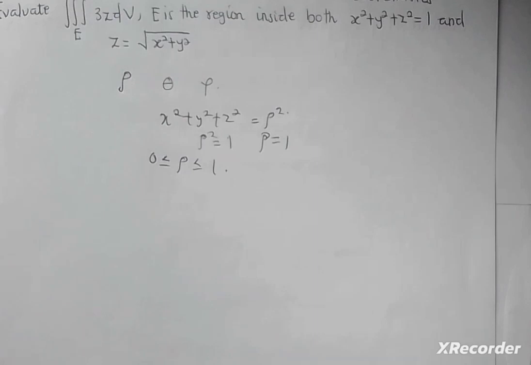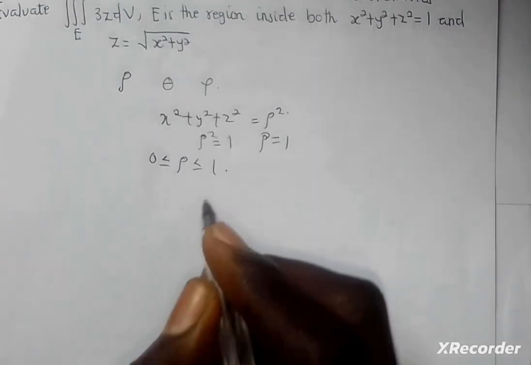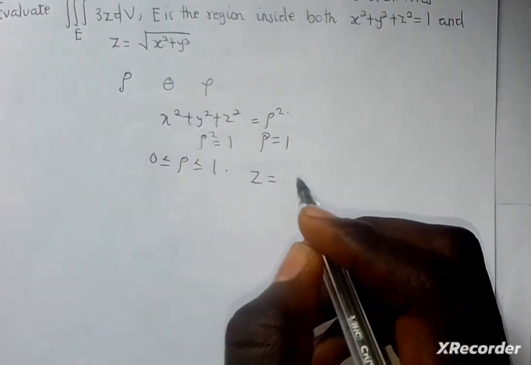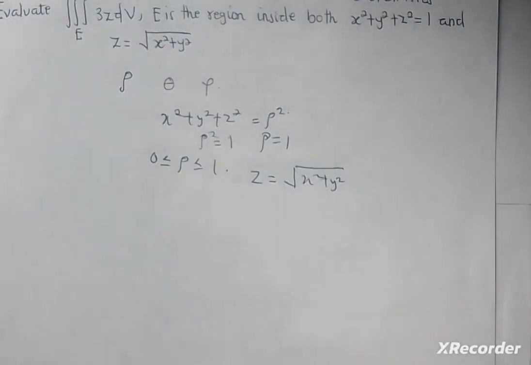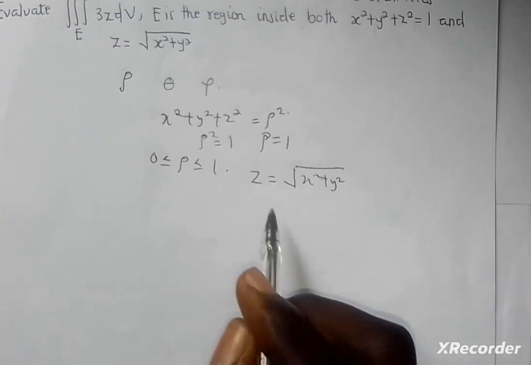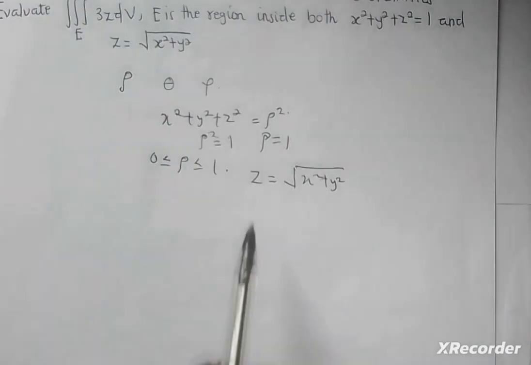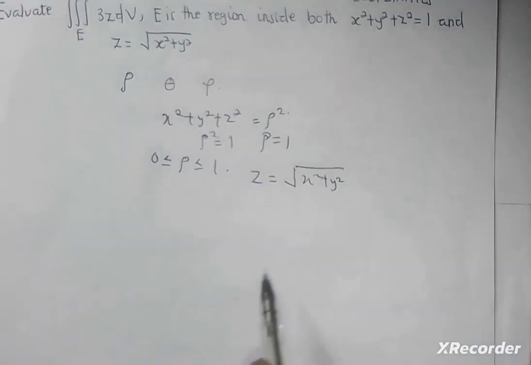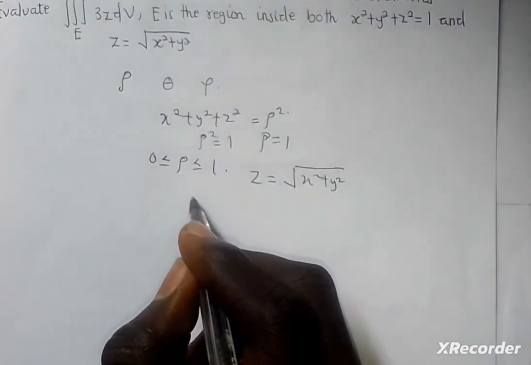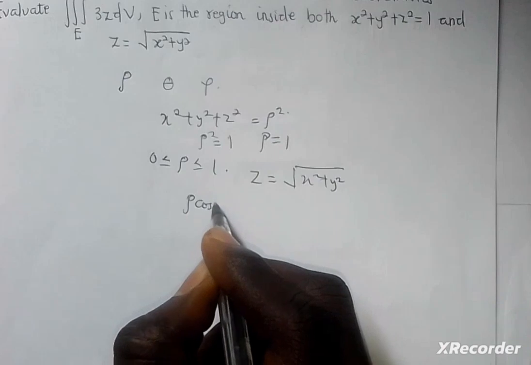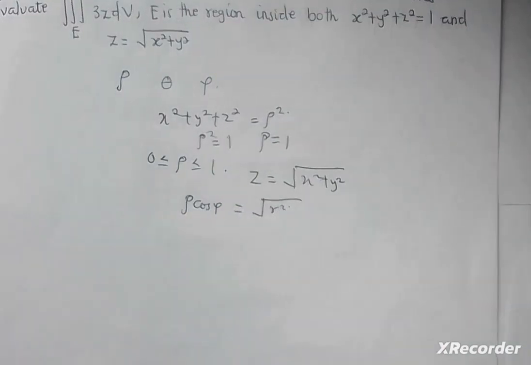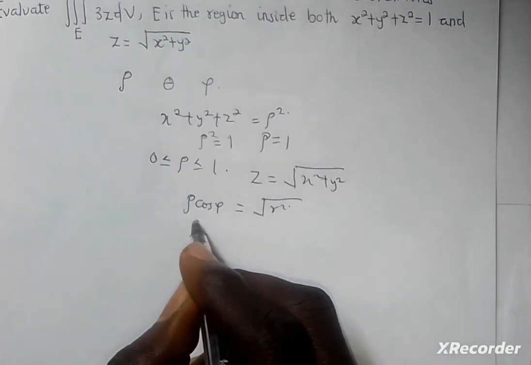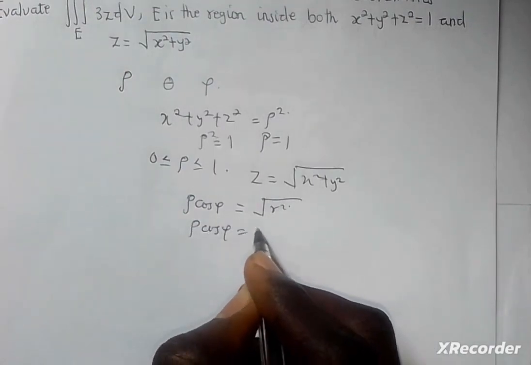The next thing we are going to look at is our phi. Remember, we have this equation: z is equal to the square root of x squared plus y squared, and this happens to be the equation of a cone from the quadratic surfaces, right? So we're going to base on this equation to find our angle phi. Z in spherical coordinates is given by rho cos phi, right? It's equal to the square root of r squared. Then we simplify this as rho cos phi is equal to r.